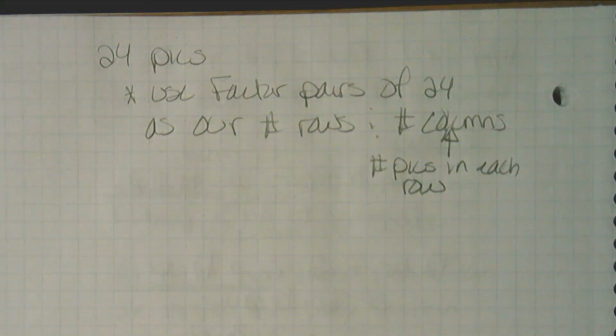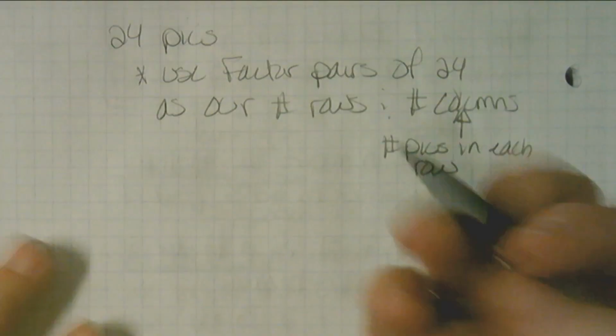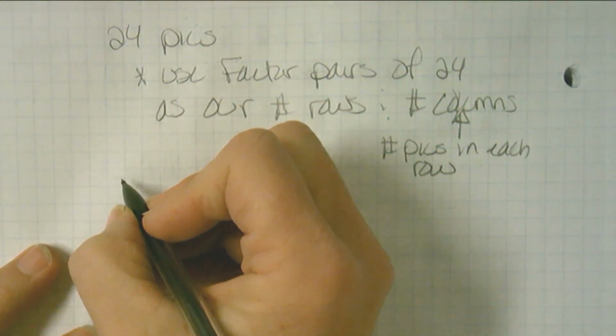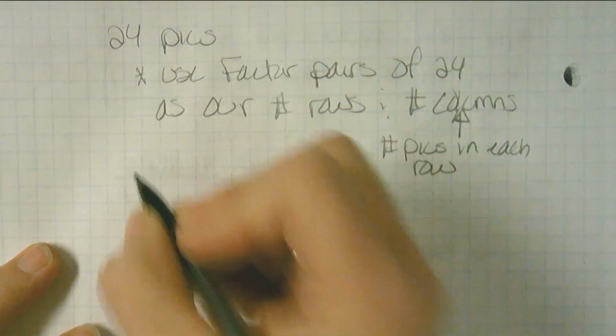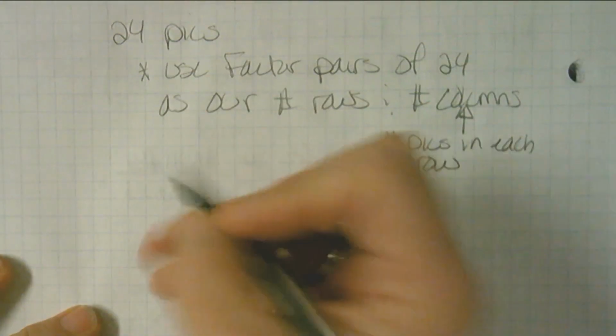So it's going to be the number of rows, the number of columns, where the number of columns, really what that means is the number of pictures in each row. I'm going to show you what I mean by that with just one of our combinations, but you don't have to draw them all. We're just going to list them. Okay? So first of all, I'm just going to show you one example, and then we're going to set up a table that's going to help us.